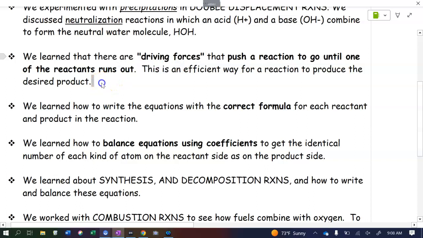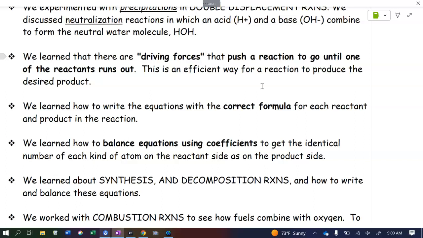But no, it doesn't. Some reactions do very little work and then stop. They don't go on any further, even though there's reactants left. So it is very efficient to get your reactions to produce the desired product until they use up one of the reactants. We learned how to write the equations with the correct formula.